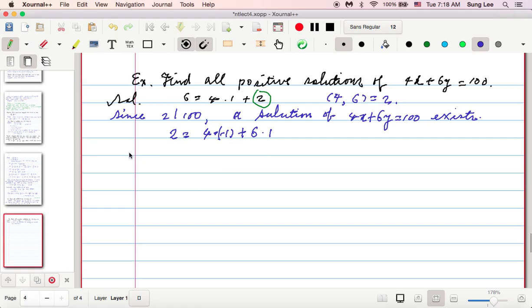So here x naught equals negative 1 and y naught equals 1 is the solution.